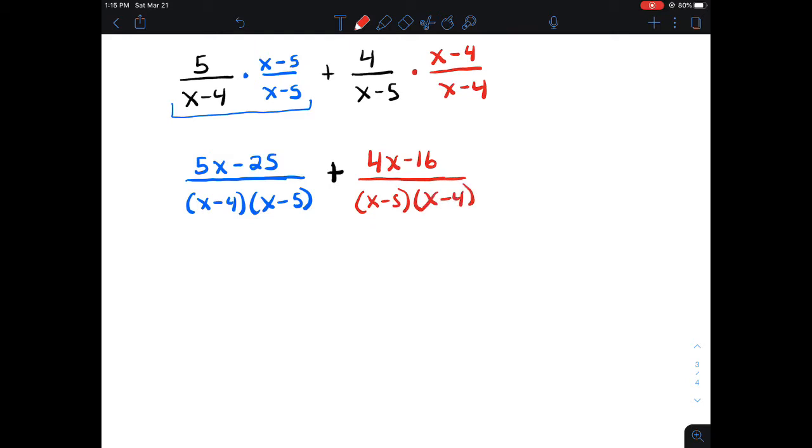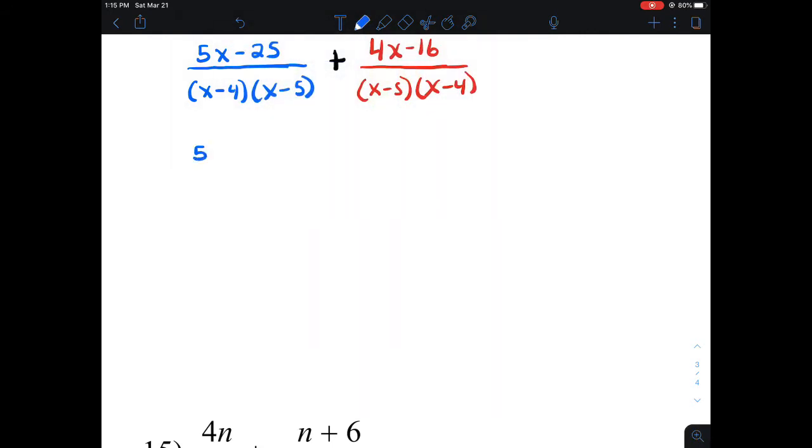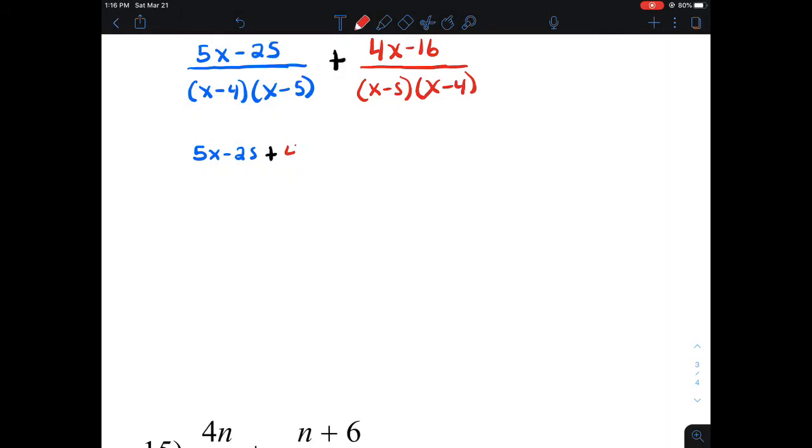Now, the fractions have the same denominator, so now I can write them as one fraction. So my next line is going to become 5x minus 25 plus 4x minus 16 all over x minus 4 times x minus 5. Now we continue to work from here.